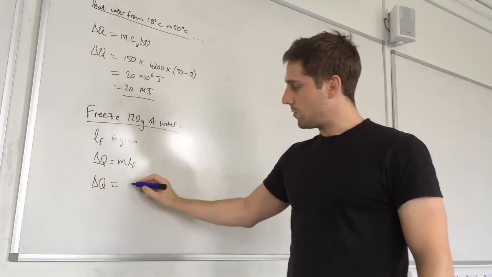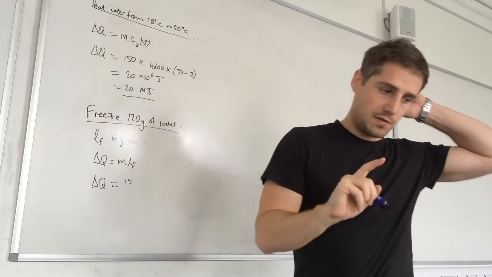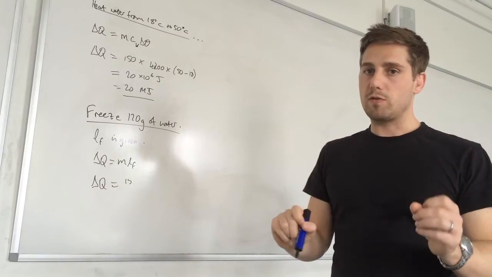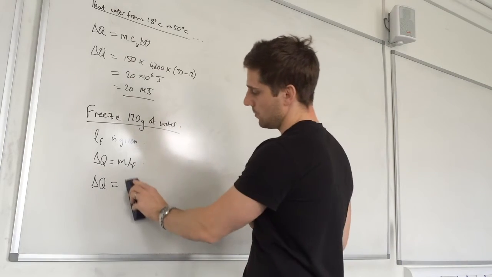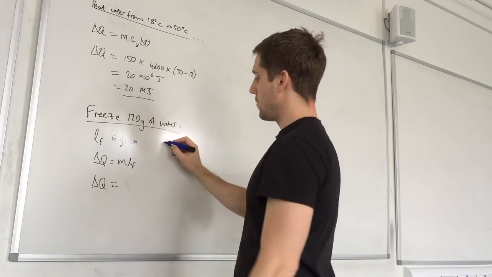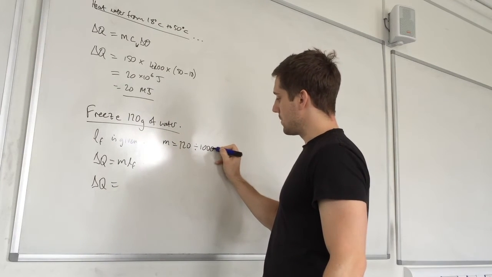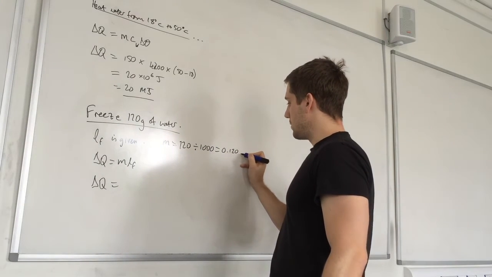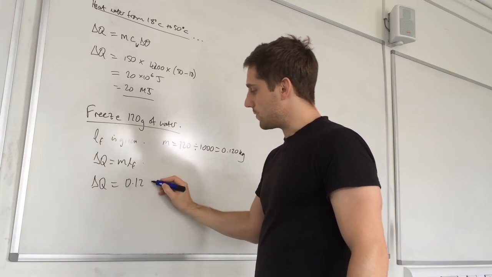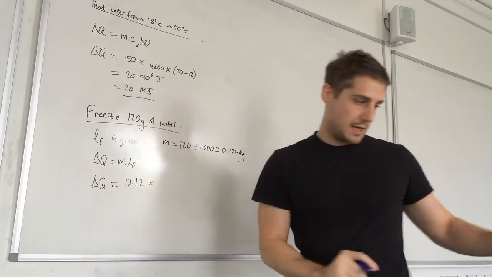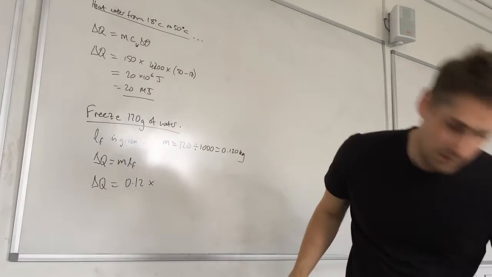So there's no temperature needing to be put into this equation here because of the constant temperature. So delta Q is equal to, it's 120 grams, right? So we need to convert 120 grams into kilograms because this calculation should be done using SI units. So M is 120 divided by 1,000, which is 0.12 kilograms. So now we can put that in, that's 0.12 multiplied by the latent heat of fusion, which is given to us as 3.34 times 10 to the 5.